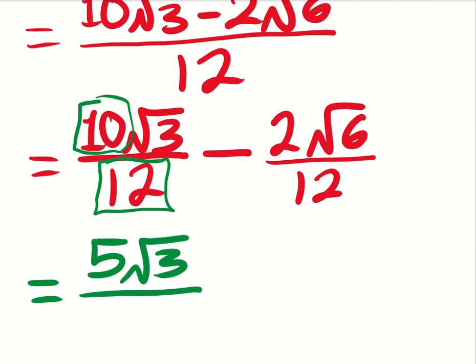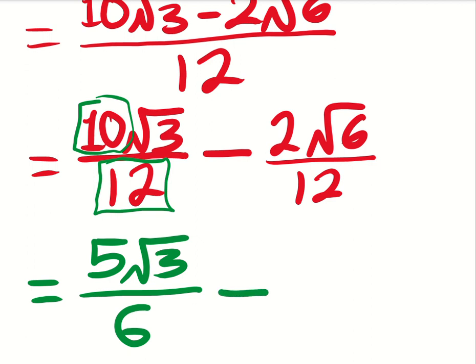I also take the 12, I divide it by 2 as well. 12 divided by 2 will just give me a 6, like this. You see how we do it? So you look for the highest common factor of 10 and 12, meaning that you're supposed to look for the highest number that can enter into both 10 and 12 without leaving a remainder, and that number is 2. So you divide 10 and 12 each by 2.